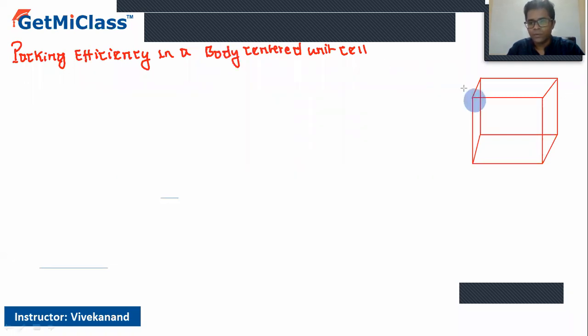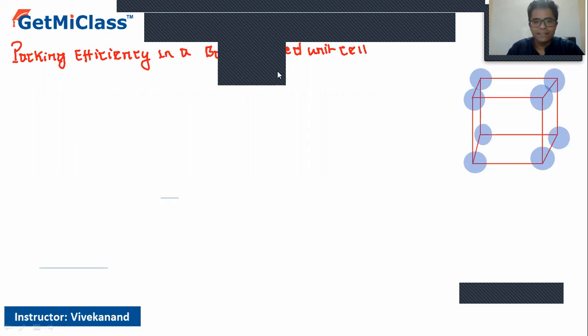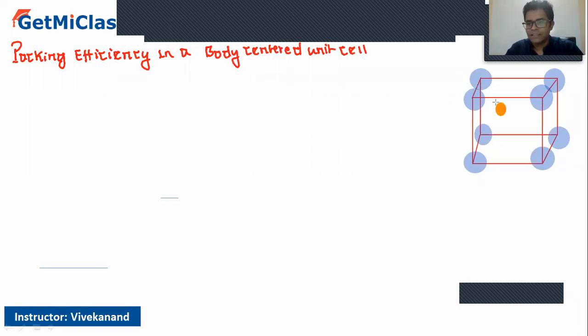So let's consider these as the particles over here at the corners, right? Now, we will consider one particle exactly in the center of the body. Now, let's say this is a particle in the center of the body.